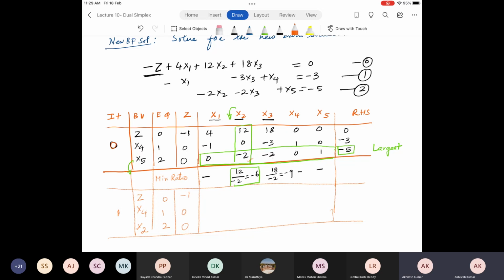Go ahead, put the x2 column into proper Gaussian elimination form. So the pivot cell should become 1 and everything else above and below it should equal 0. Go ahead, do it.